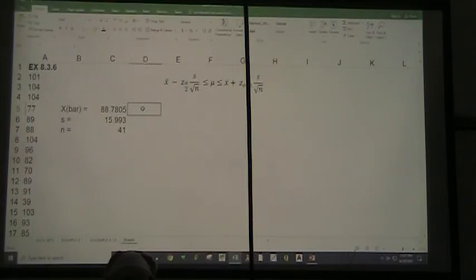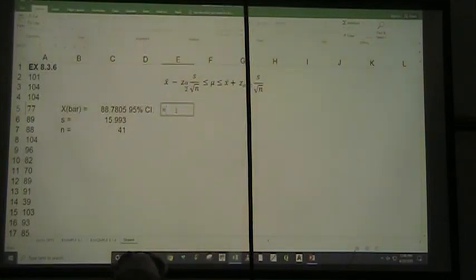I suggest, first of all, we start with a 95% confidence interval. Or if you listen to the book, approximate confidence level.